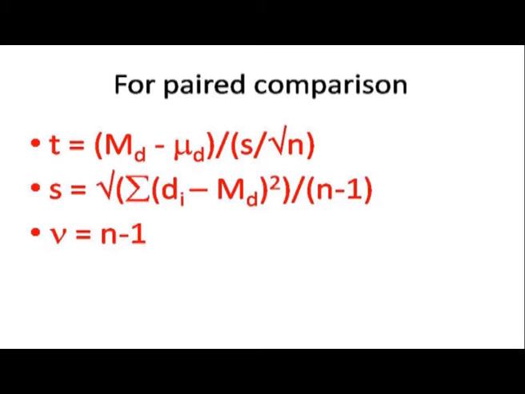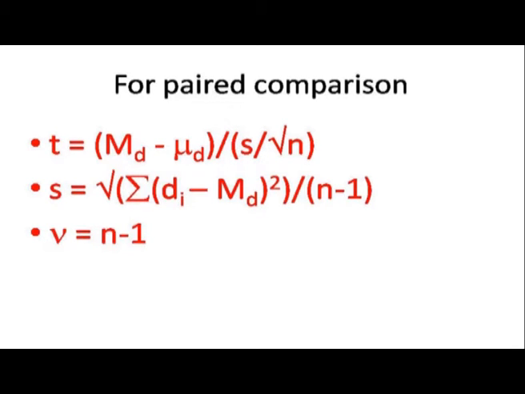For paired comparison, you can use this formula also, t equal to mean of the difference minus hypothesized difference divided by S divided by root n.